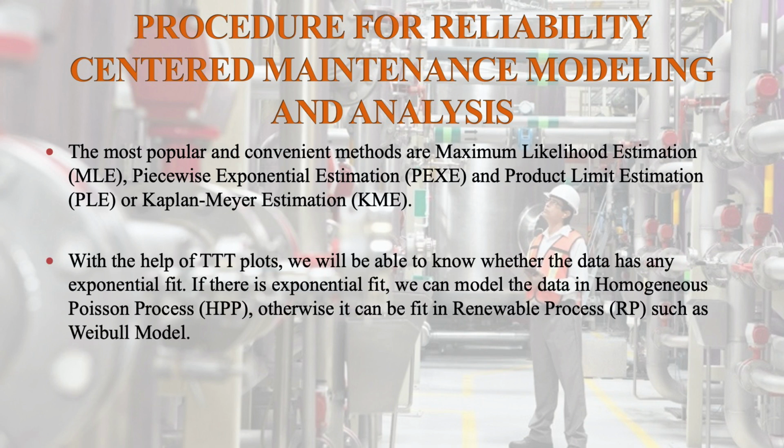With the help of TTT plots, we will be able to know whether the data has any exponential fit. If there is an exponential fit, we can model the data as a homogeneous Poisson process. Otherwise, it can be fit in a renewal process such as the Weibull model.